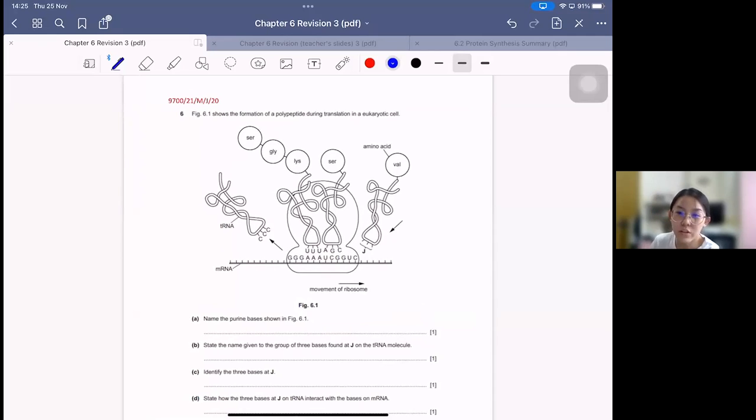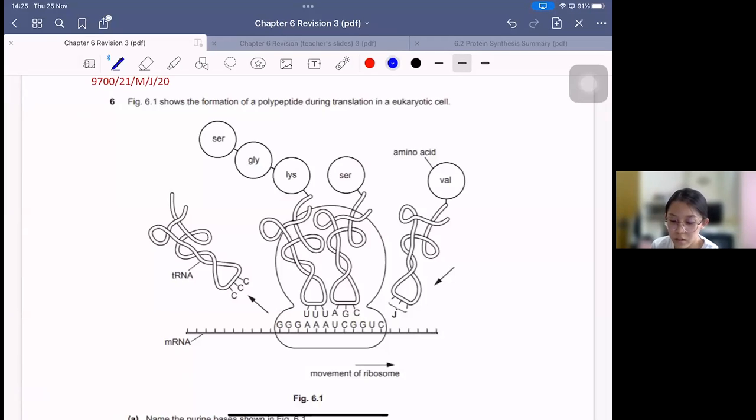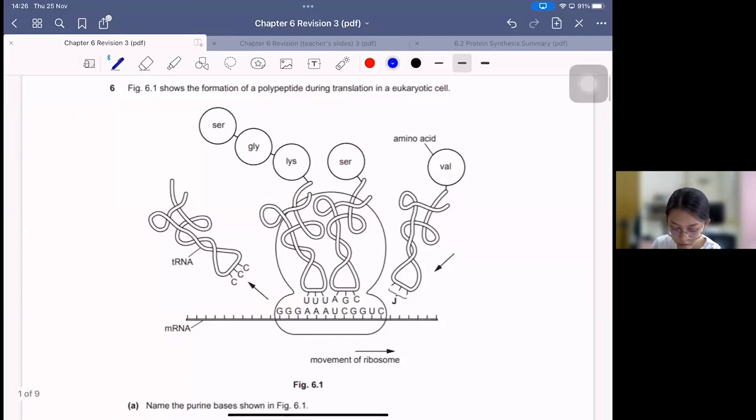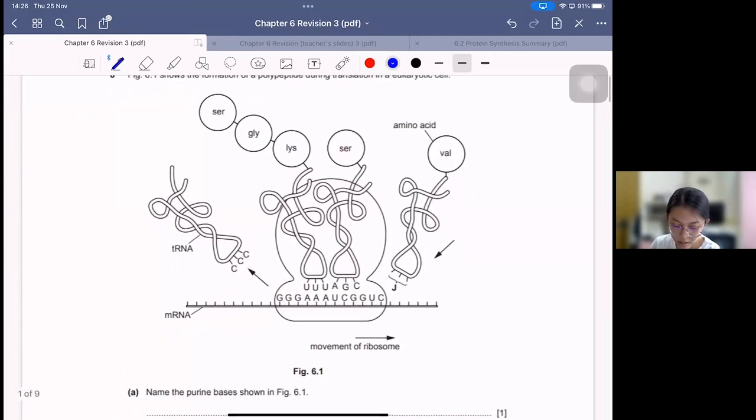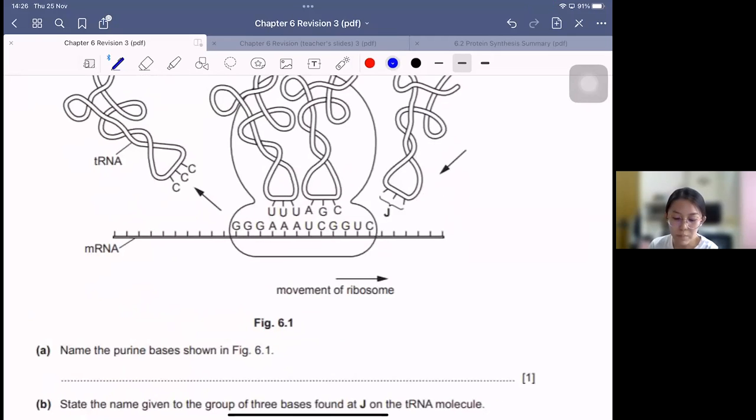Now I'm going to continue with the chapter 6 revision. Figure 6.1 shows the formation of a polypeptide during translation in a eukaryotic cell. The first question: name the purine bases shown in figure 6.1.